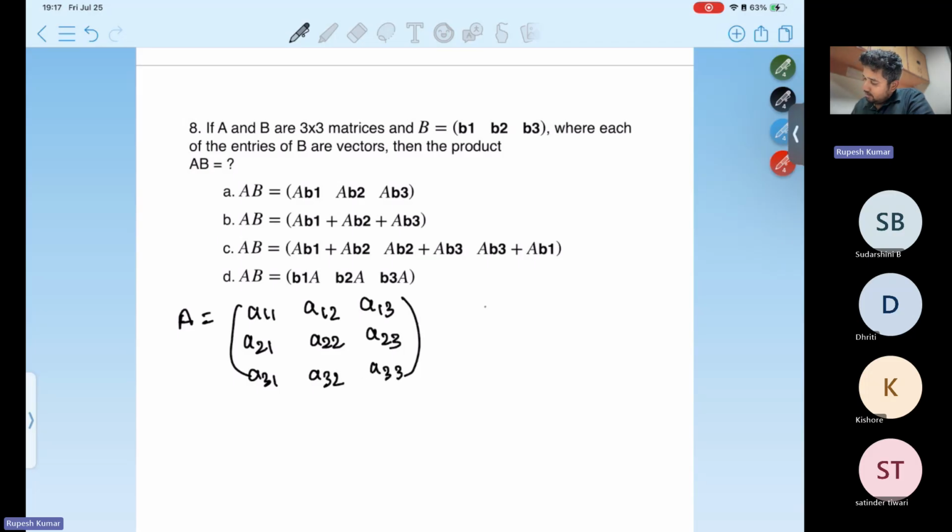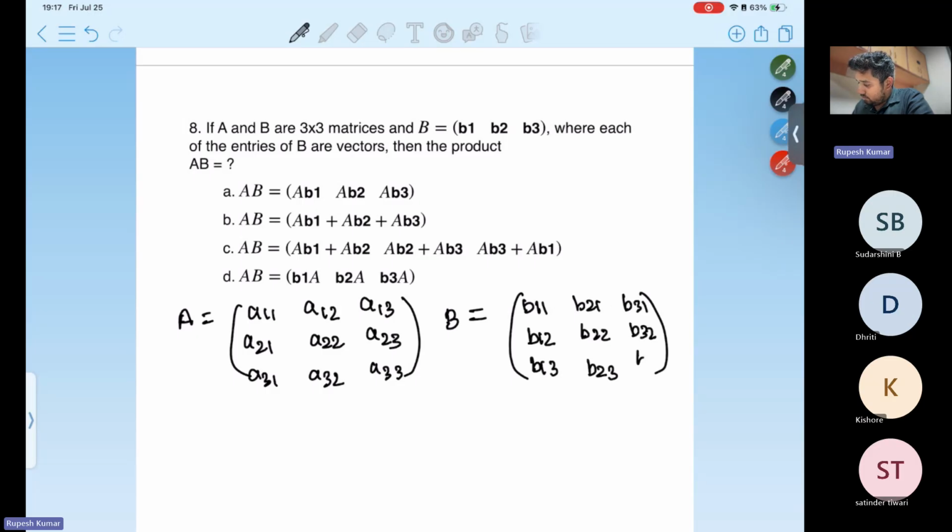And we have a matrix B containing 3 vectors B1, B2, B3. Let's write these vectors as B11, B12, B13, B21, B22, B23, B31, B32, B33.